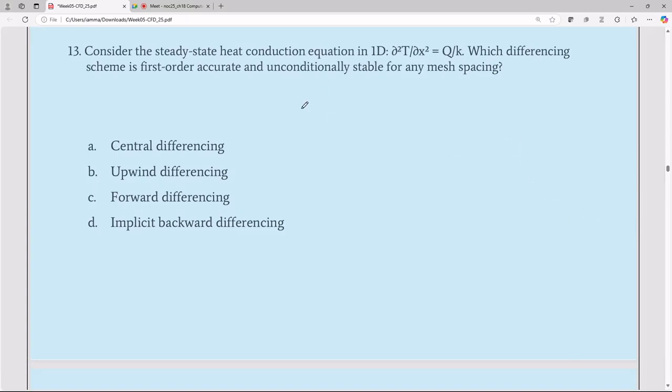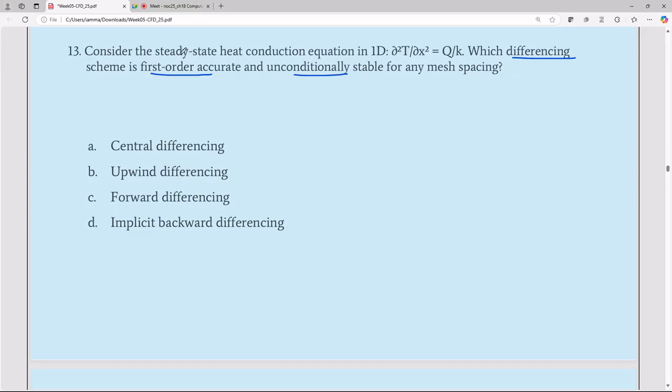Consider the steady state heat conduction equation in one dimension: d square T by d x square is equal to Q by K. Which differencing scheme is first order accurate and unconditionally stable for any mesh spacing?